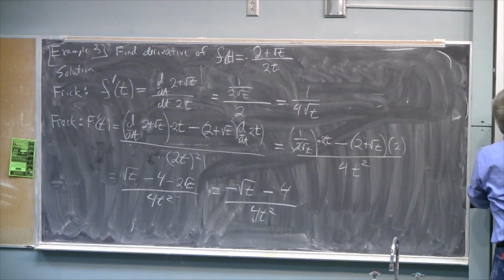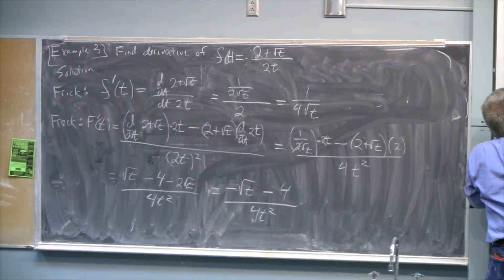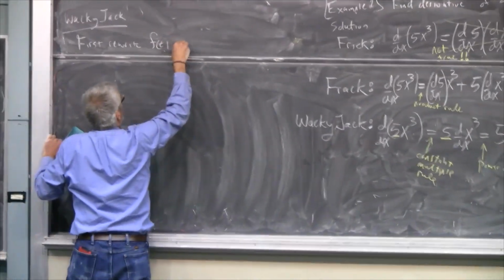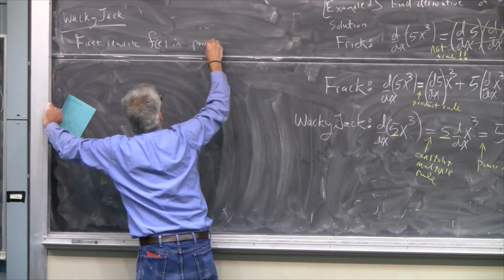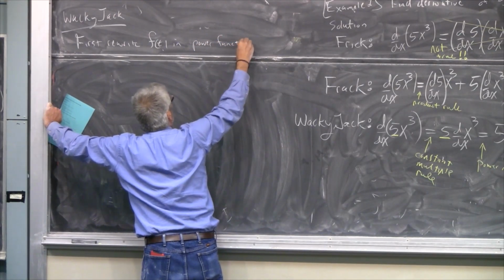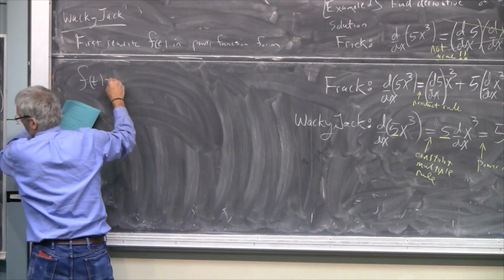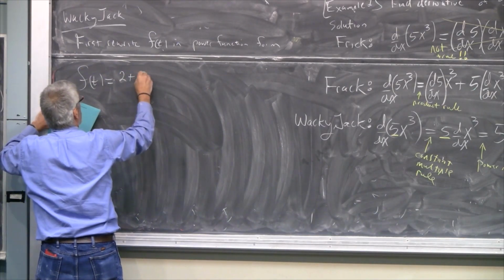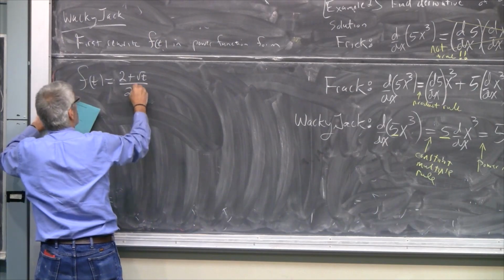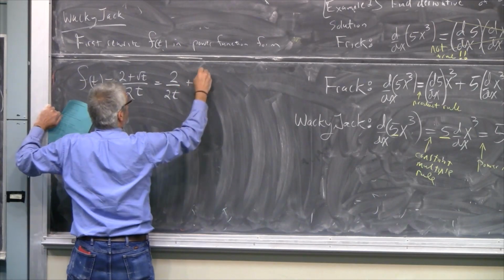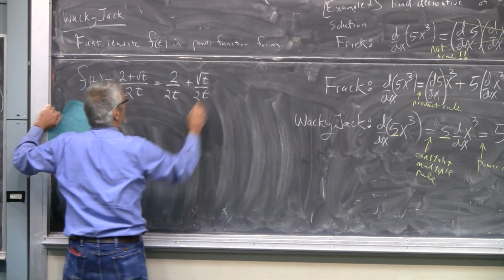Wacky Jack starts by doing this. First, rewrite f of t in power function form. So f of t is 2 plus square root of t over 2t, but I can write this as 2 over 2t plus square root of t over 2t.